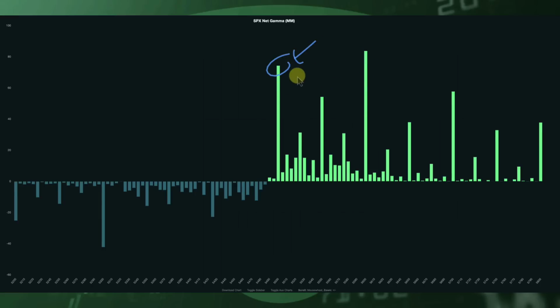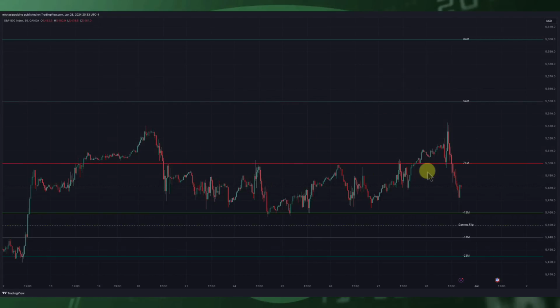Below 5,500 there is not much going on until really just 5,300. So I think we have to be a little cautious if we start holding under 5,500, and if we start breaking above it, that opens the door to try for 5,600.